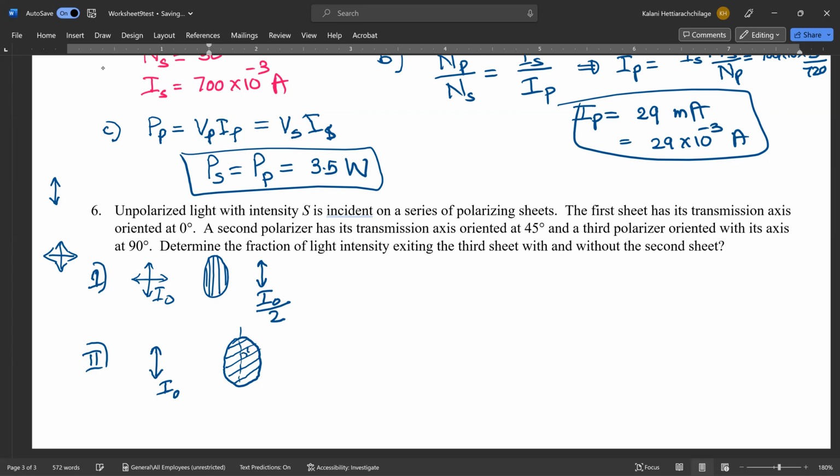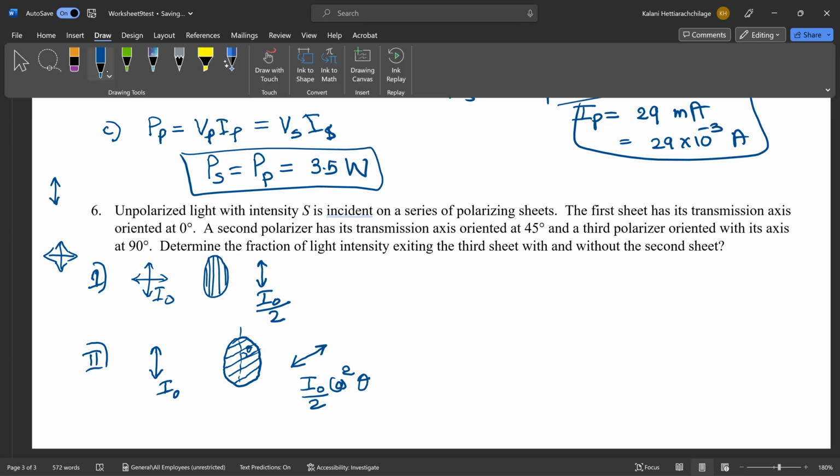If you know this angle, the light will be transferred through the embedded holes. But this intensity is now I naught times cosine squared of the angle between your incoming light and the polarization axis. So those are the two rules that we need to follow. That's the concept part.